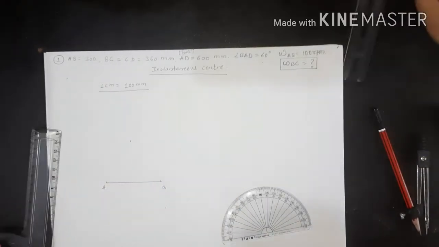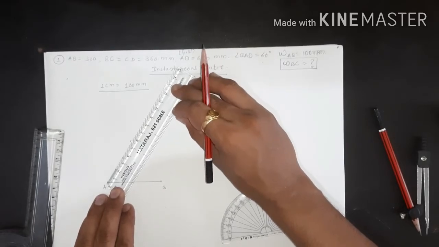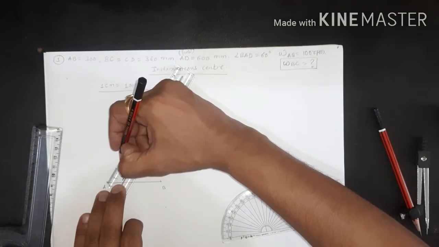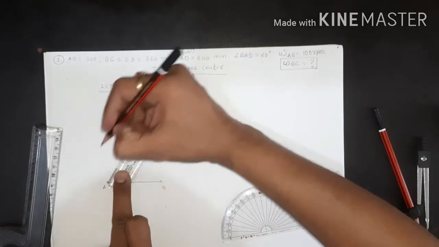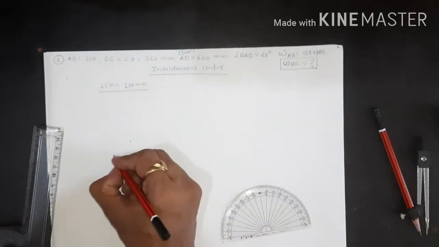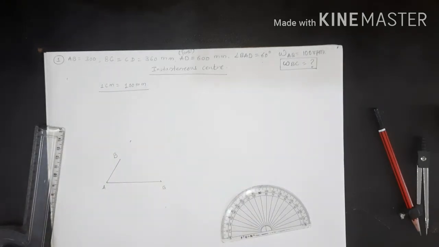So I'm going to draw a 3 centimeter line, because 100 mm is equal to 1 centimeter. So a 3 centimeter line I have drawn. So this will be my point B.